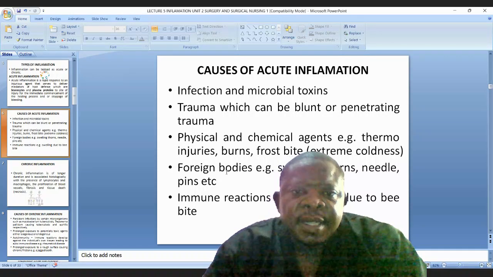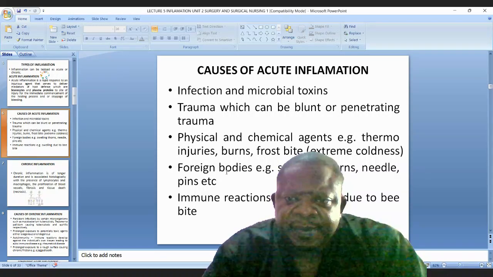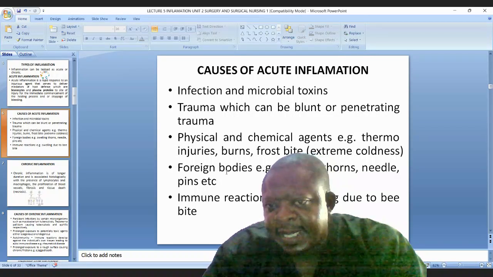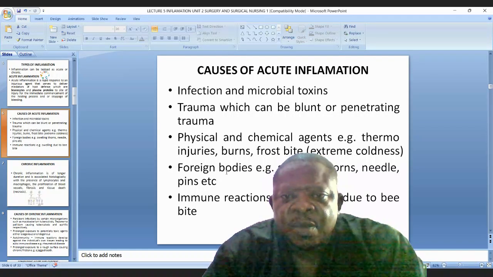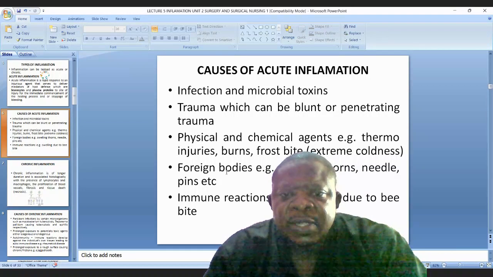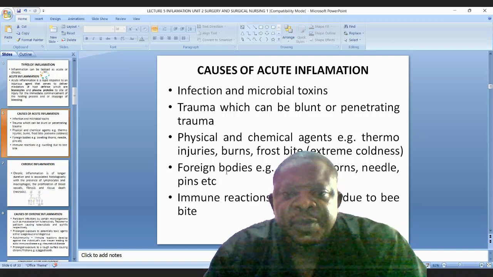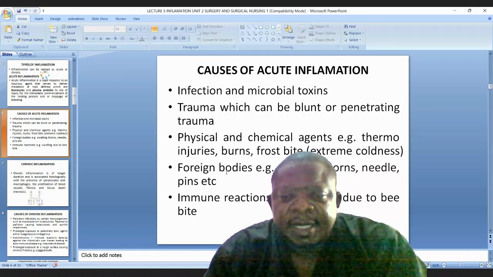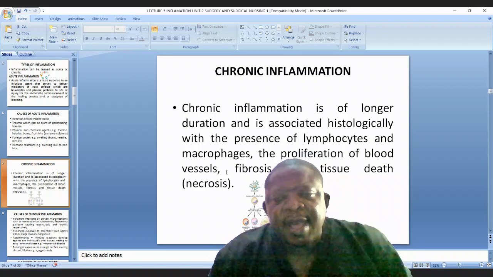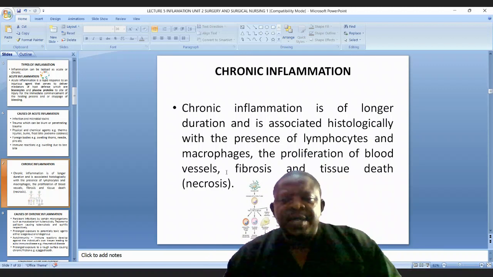Then immune reaction. This will cause inflammation in that the swelling will come due to, for instance, being bitten by an insect, so the swelling will come because of the immune reaction to the bite from an insect or bite from bees. Then the other type of inflammation is chronic inflammation.